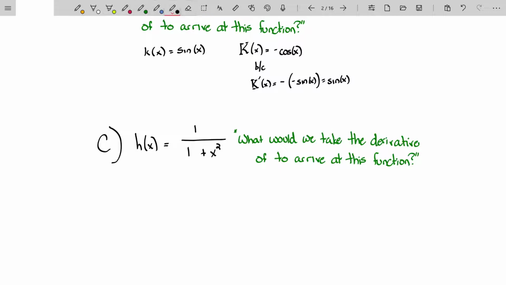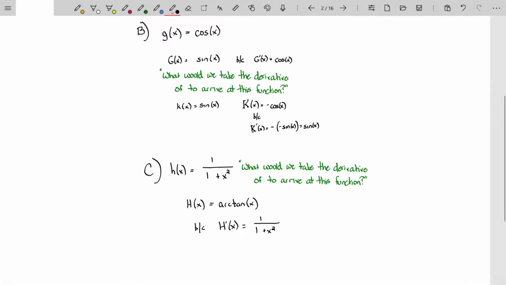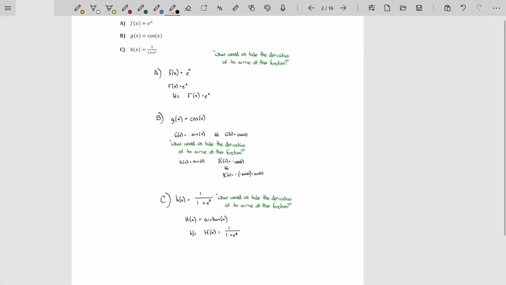There's no other hope you have. You can't just make up some random function. And you will find that the one function whose derivative is 1 over 1 plus x squared is the arctangent, or the tangent inverse, however you want to call it. So the arctangent of x, again, that's because the derivative of that capital H, which is arctangent, is 1 over 1 plus x squared.